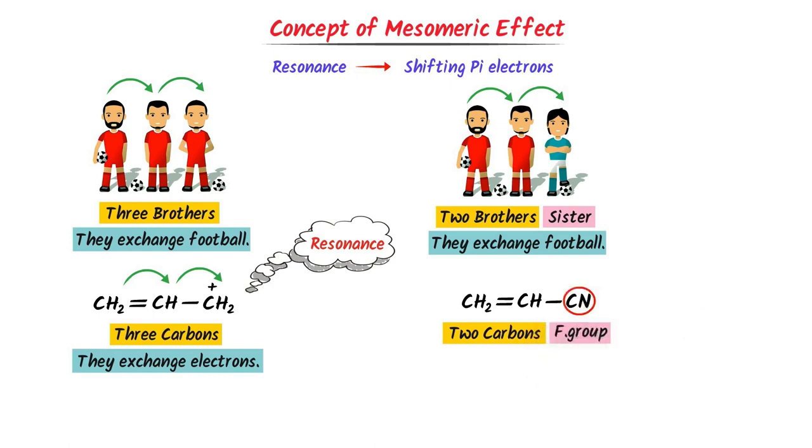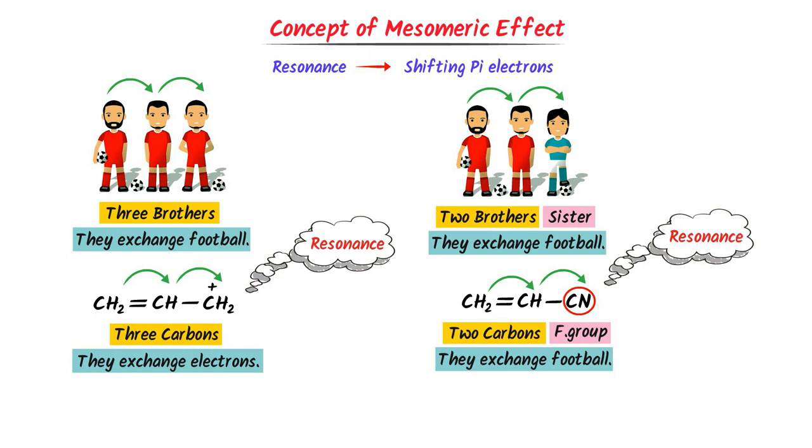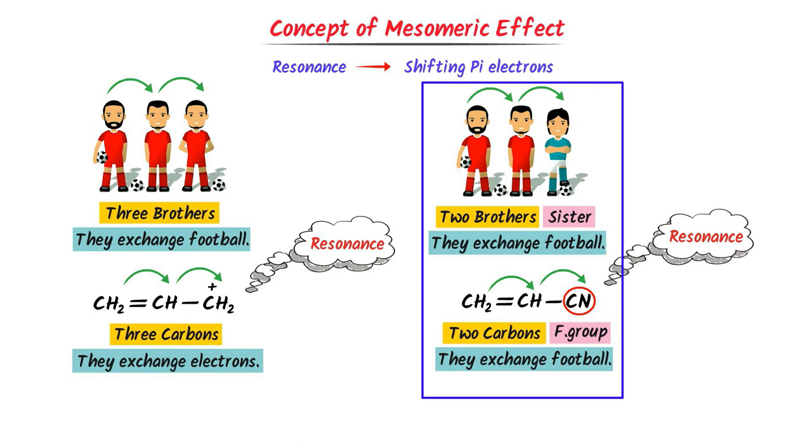We can say that these are pi electrons which shift inside the molecule. Hence resonance occur in this molecule. Thus remember that these two brothers represent two carbons and this sister represents functional group, while the shifting of football represents the shifting of pi electrons.